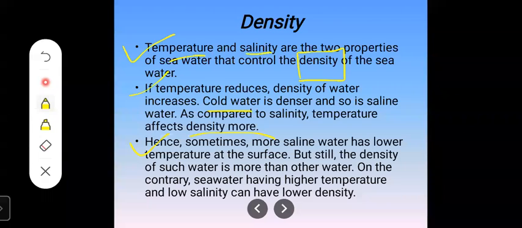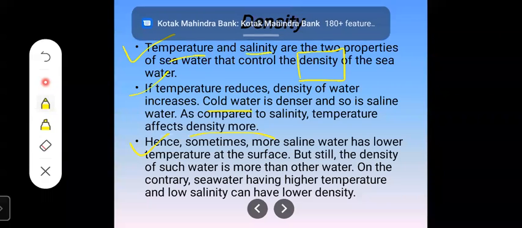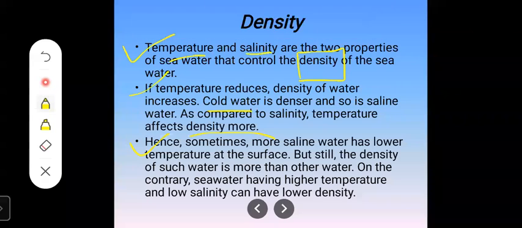Hence, sometimes more saline water has lower temperature at the surface, but still the density of such water is more than other water. On the contrary, seawater having higher temperature and low salinity can have lower density.